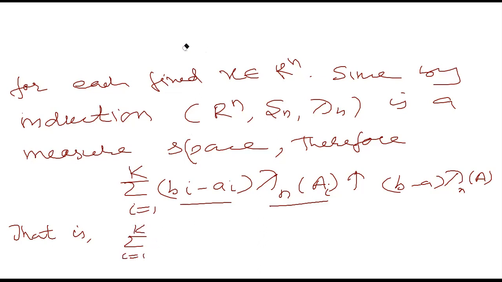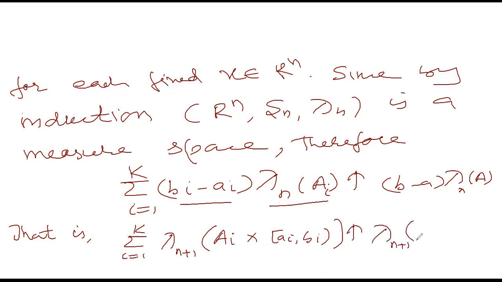This is lambda_(n+1). So this is lambda_n into the one length, that is lambda_1, which is lambda_(n+1) of A_i cross (a_i, b_i]. This will increase to lambda_(n+1) of A cross (a, b].